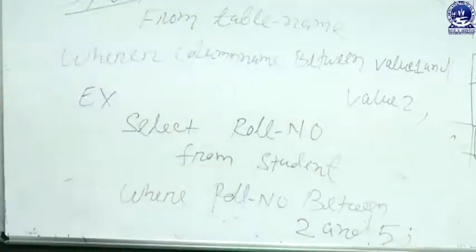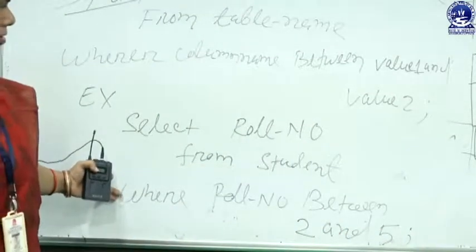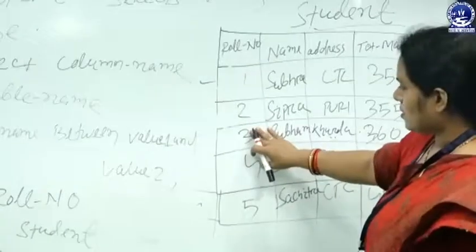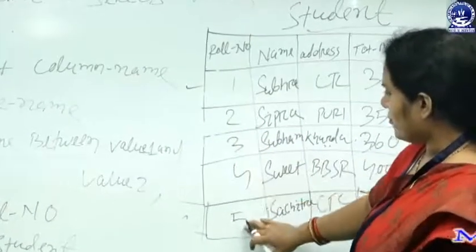After executing this command, only these particular records will be displayed: 3, 4, 5. In today's class I have discussed different types of operators: comparison operator, arithmetic operator, and between operator.